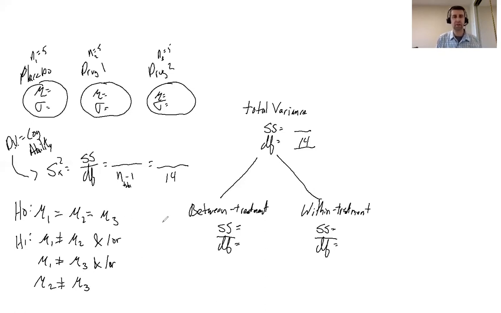And what this really shows is that at least one, but as many as 3, could be true, right? It could be that any one of these pairwise comparisons is true.